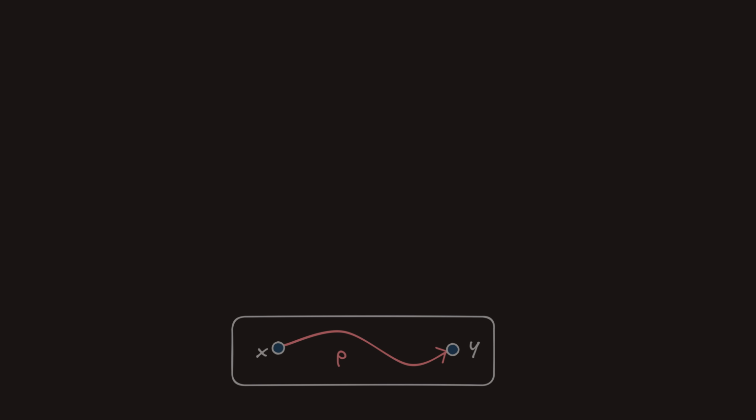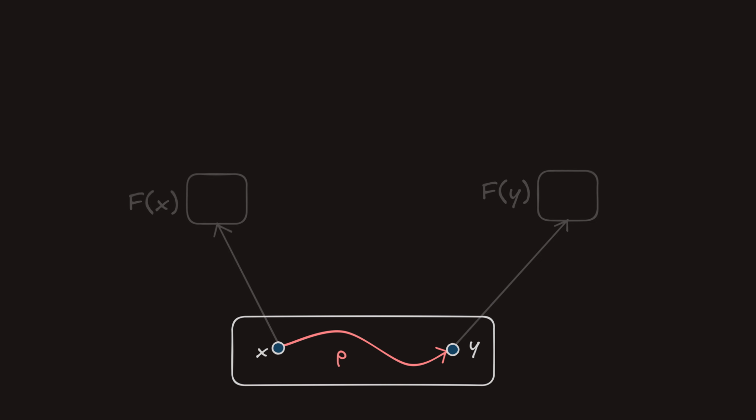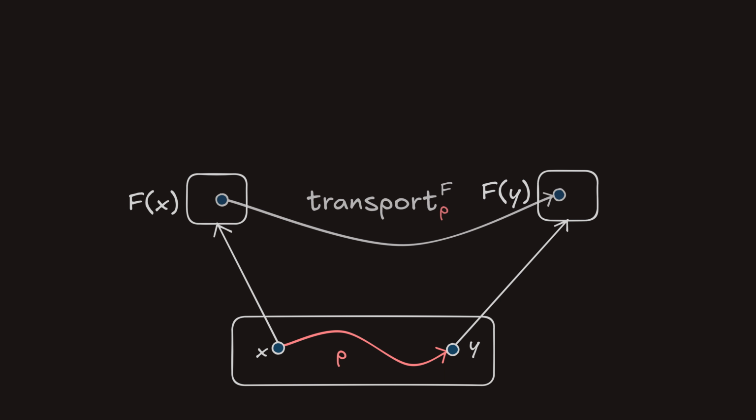Recall that if we have a path P from X to Y and a type family capital F associating X and Y each with their own types, we can apply the transport function to map any term in Fx to a term in Fy.